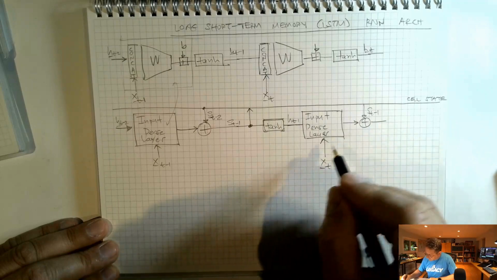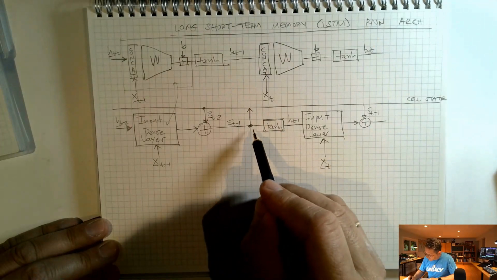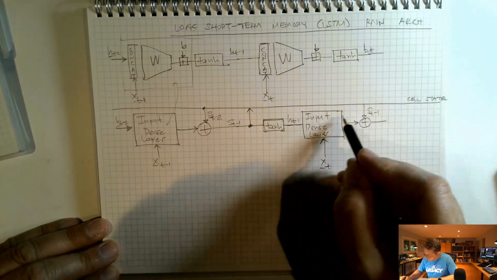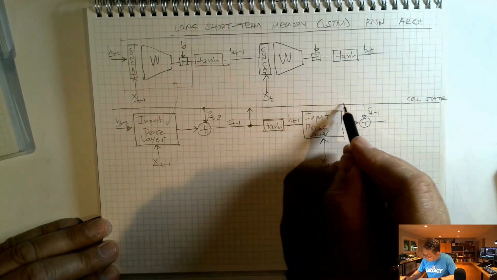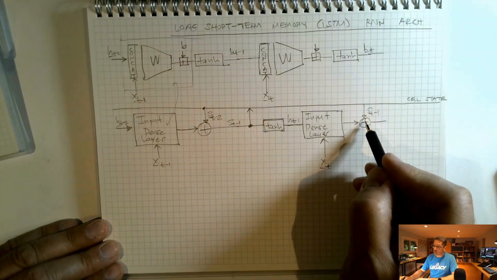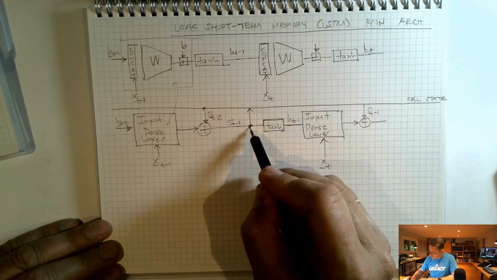And see what happened right now. Look at this line. Effectively, we have formed a skip-over connection. This is the skip-over connection.